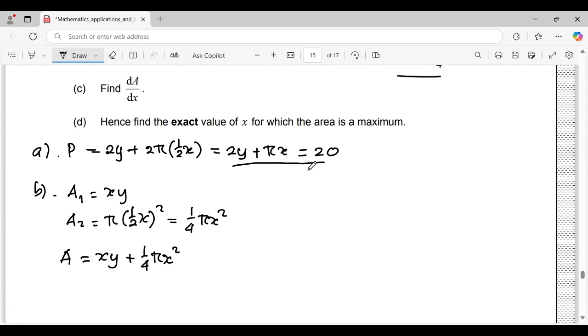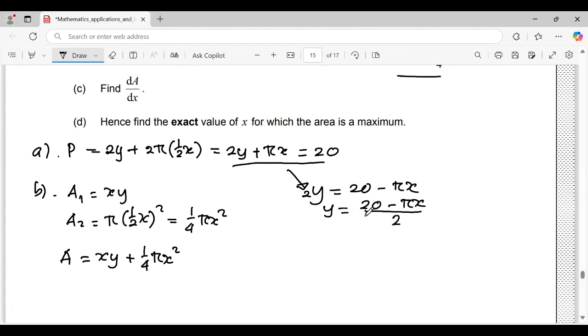From this equation we can find y: 2y is 20 minus pi x, so y equals 20 minus pi x over 2.